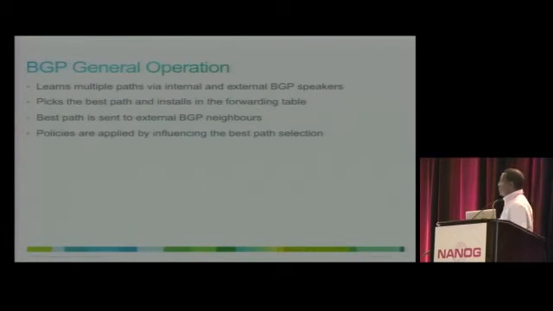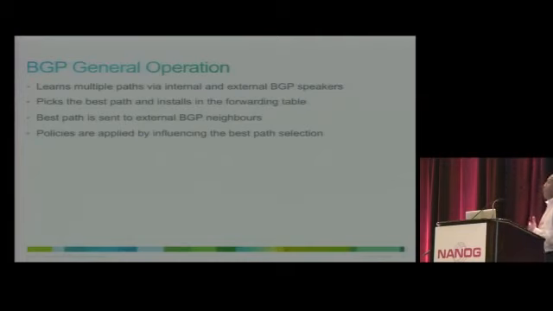Basically, BGP receives multiple paths from different autonomous systems or from different BGP speakers. If it has a peering relationship between this router and multiple other routers, it receives all those routes, compares them, selects the best route, and then installs the best route into the routing table, as well as advertises the best route to other peers.